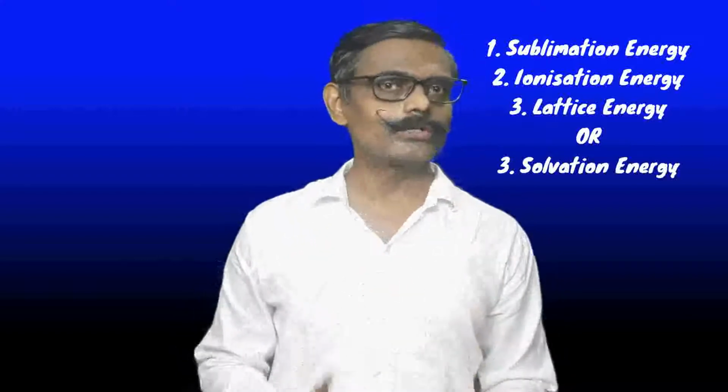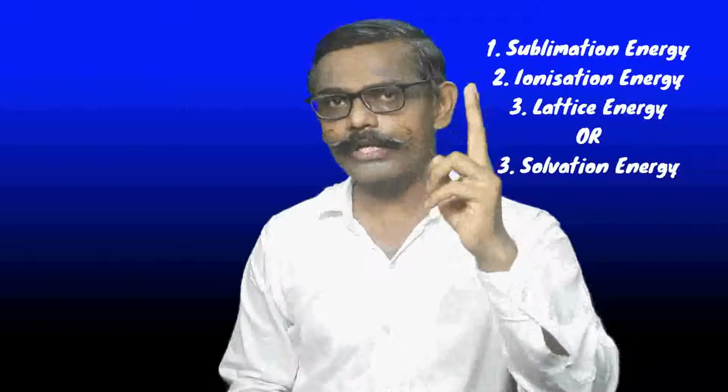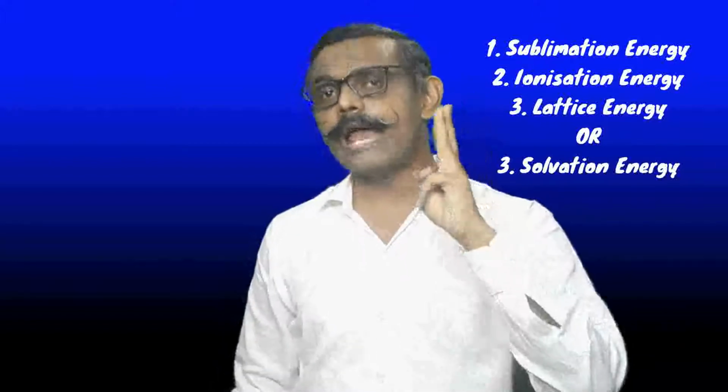So what is the conclusion now? Stability of an oxidation state depends upon three factors. Number one, sublimation energy. Number two, ionization energy. Number three, lattice energy or solvation energy. The combination of all those three will decide the fate of that ion, whether that oxidation state will occur or not.